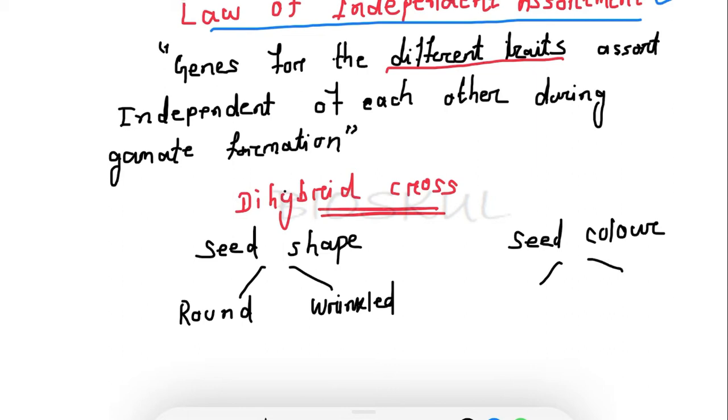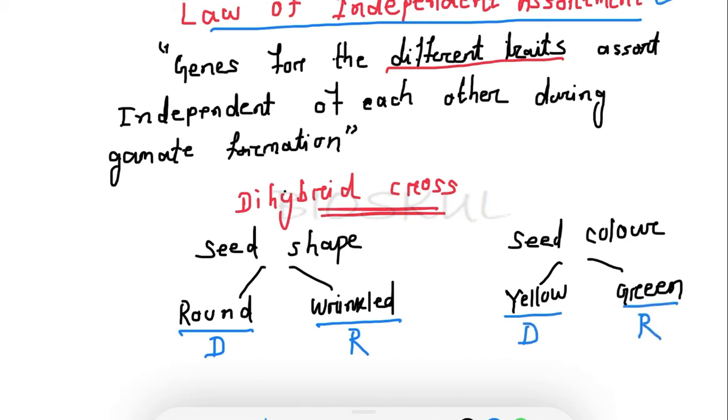Seed color is yellow and green. Here the dominant character is round and the recessive is wrinkled. Yellow is dominant and green is recessive. So these are the different traits.